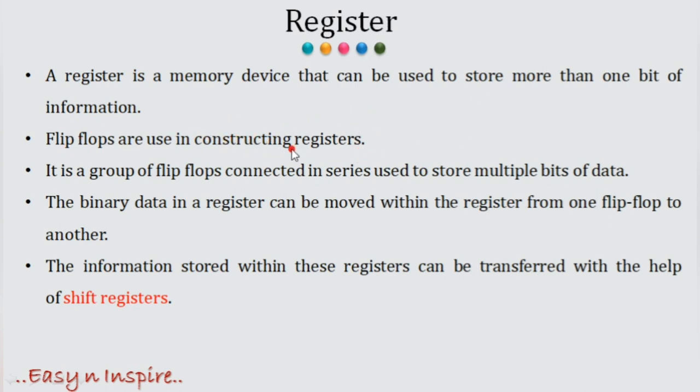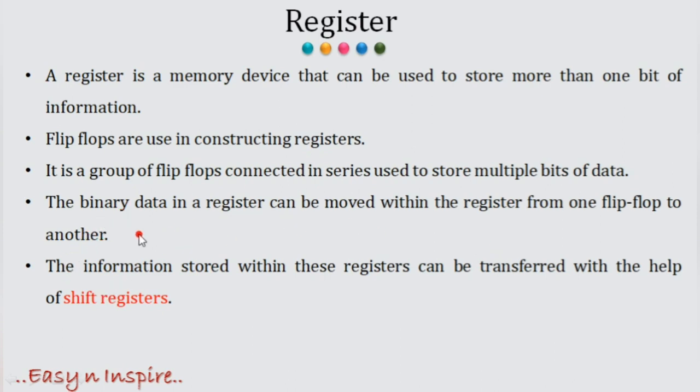Okay. So to construct registers, we use flip-flops. Listen carefully. To construct a register, we use flip-flops. So flip-flops are arranged in a manner to design a register. So a group of flip-flops connected in series is nothing but a register. So in this register, data is transferred from one flip-flop to another flip-flop.